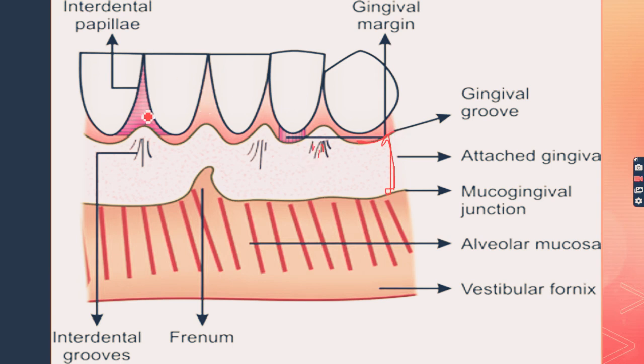And look at this. This is interdental papilla and this is interdental groove. Don't confuse these. And here it is frenum. This portion is the alveolar mucosa, and this junction between the gingiva and the alveolar mucosa, okay, this junction is the mucogingival junction. Okay, and this is the vestibular fornix.